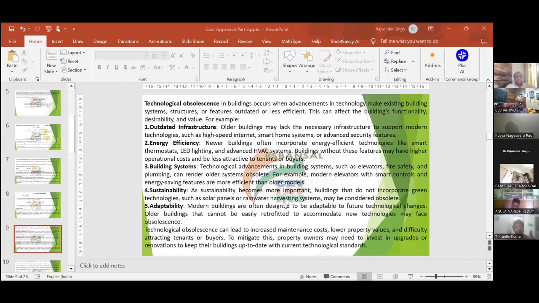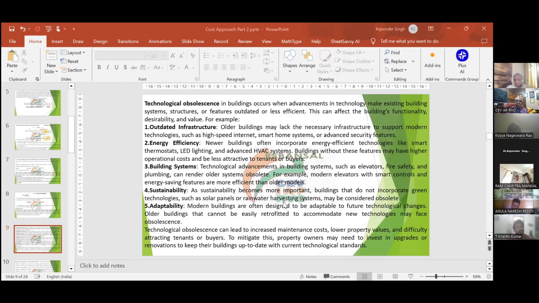Now in some services in the buildings, such as buildings without elevators, without fire safety, or there are changes in the plumbing, sanitary fittings and electrical fittings, because of which change in technology, these amenities have become obsolete. And then sustainability. So as far as building is concerned, especially for architect and civil engineers, the sustainability part is very important these days.